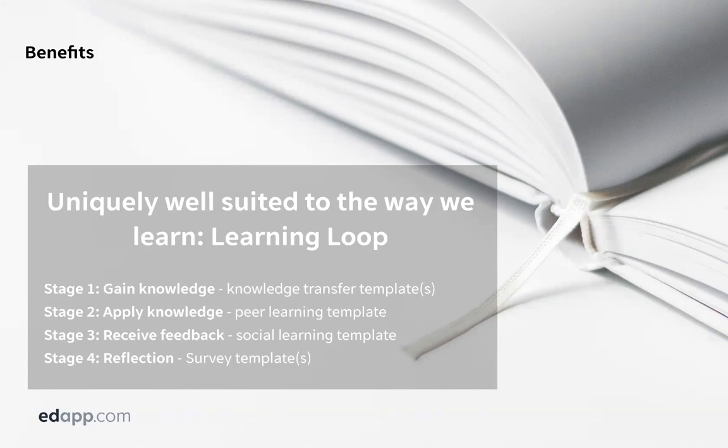Then in stage 3, you can use social learning to have other peers comment on the simulations that your peers have provided, to give each other feedback. And stage 4 is the reflection. So you can use survey templates to reflect on how things are going.